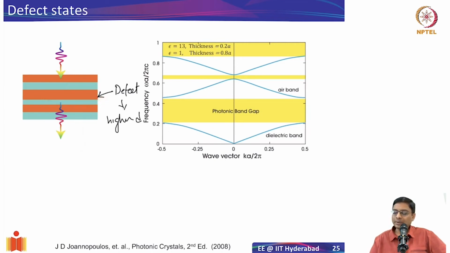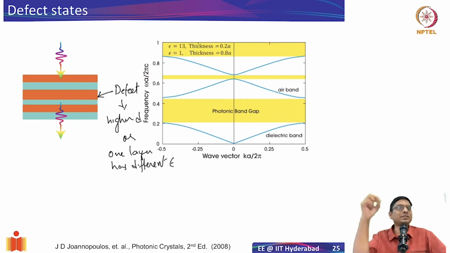Or it could also happen that one layer has a different epsilon. You could simply remove one of the layers. If you do that, again you can get a defect. So the way to think about it is, if I imagine the periodic structure as simply a lattice, it has varying permittivity.